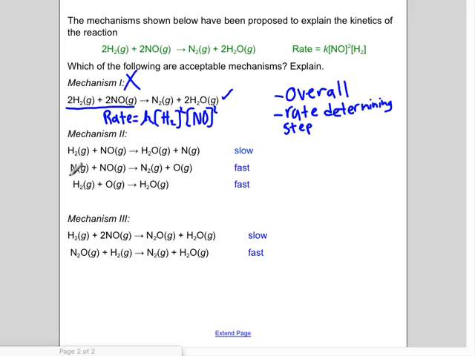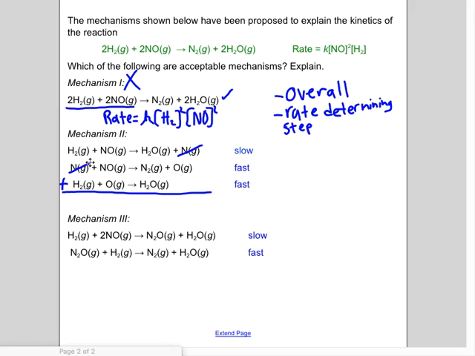Okay, so this one has multiple steps. So if we want to figure out the rate law, we have to find the overall reaction here. So what would I get if I added all these up? Well, let's look for things that cancel. So I see plain nitrogen is here and here. So if it's on opposite sides of the arrow, that means it cancels. All right.